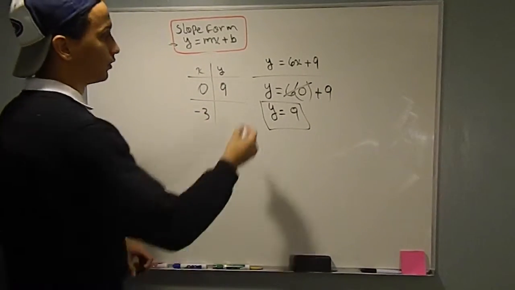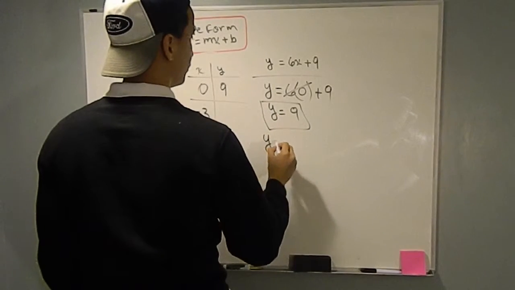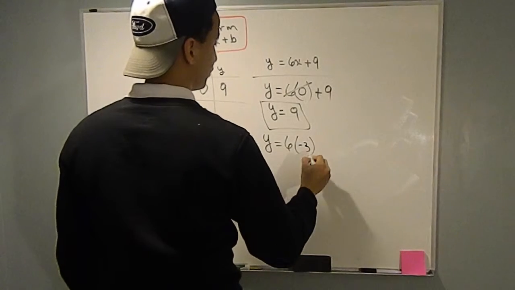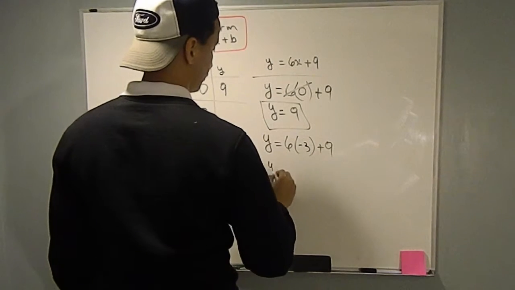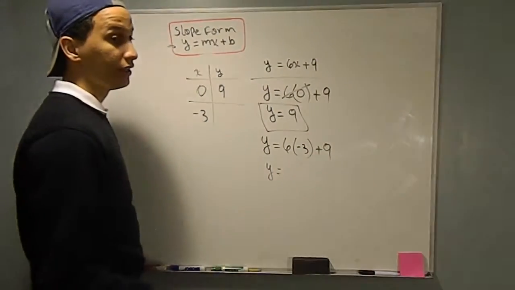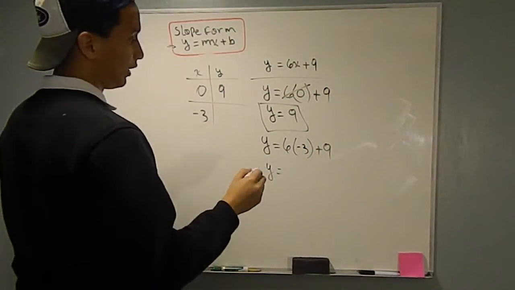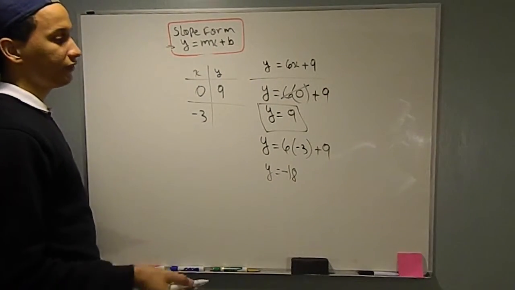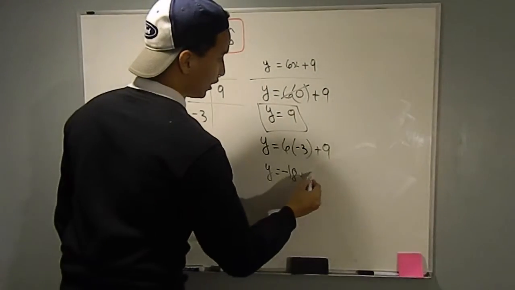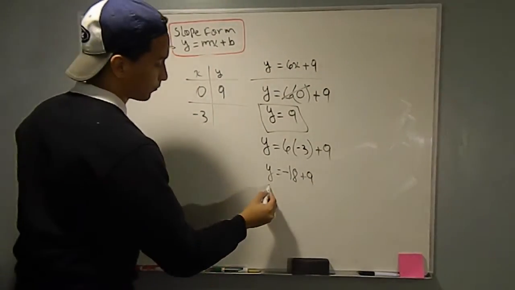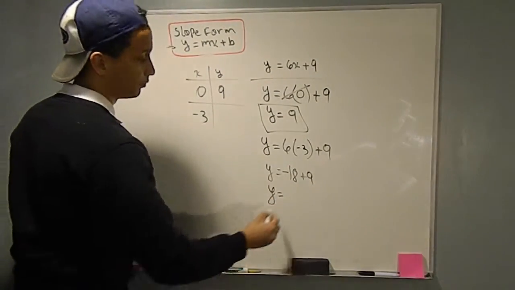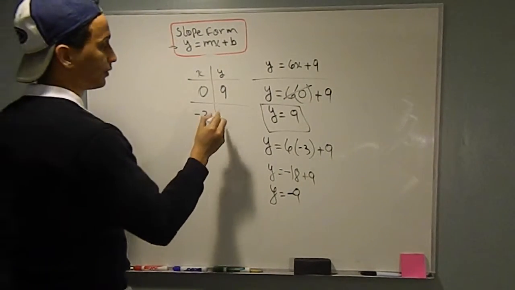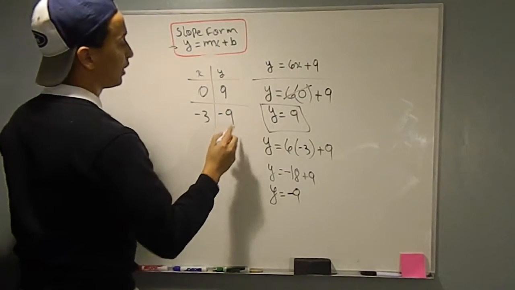So we're going to say 6 times -3 plus 9. 6 times 3 is 18, but negative because positive times negative is negative, plus 9. So that will give you -9. So when x is -3, y is going to be -9.